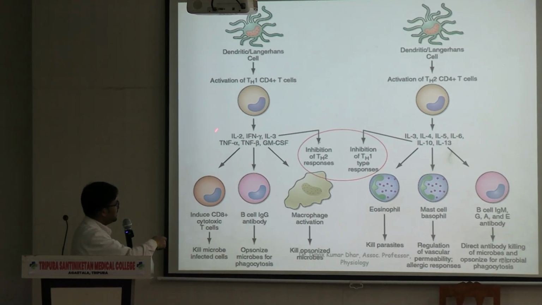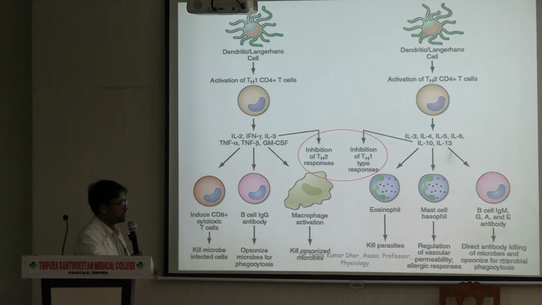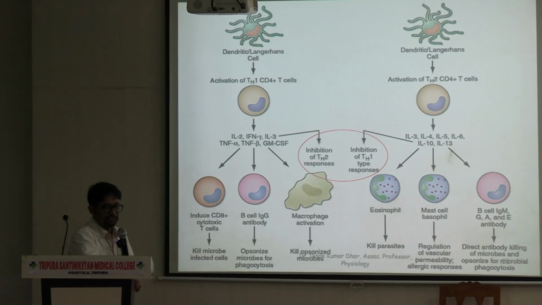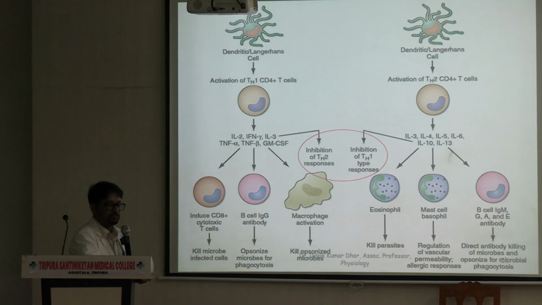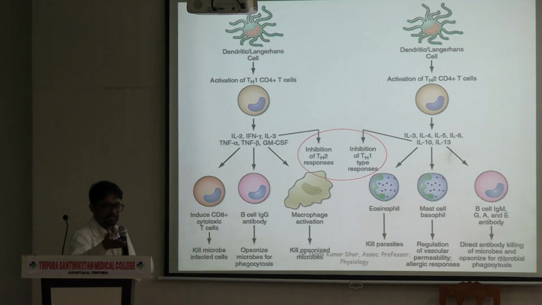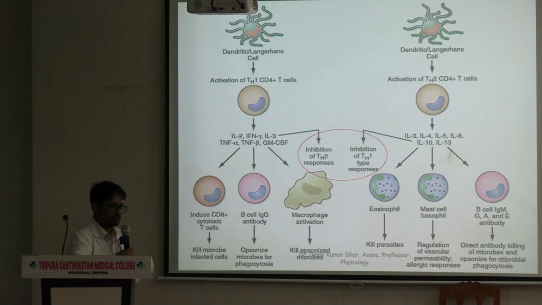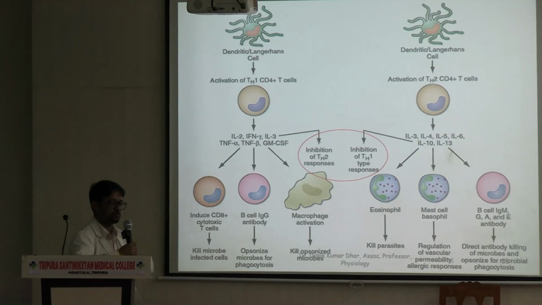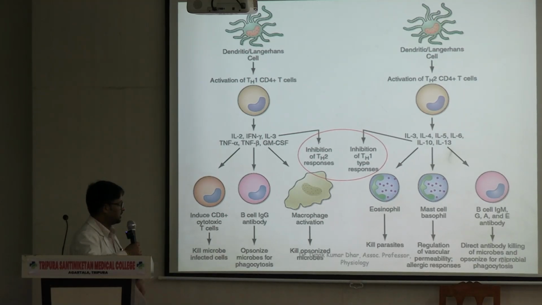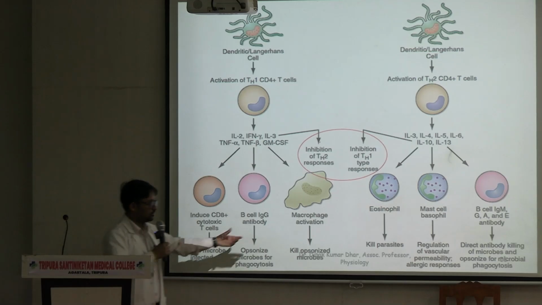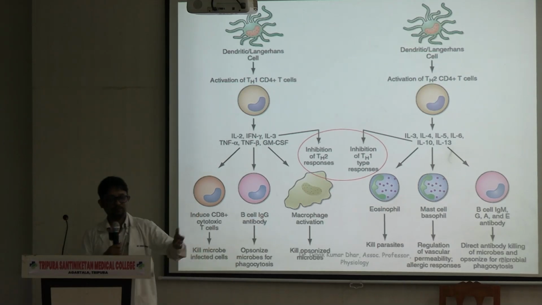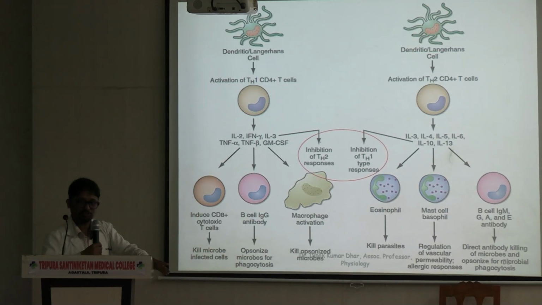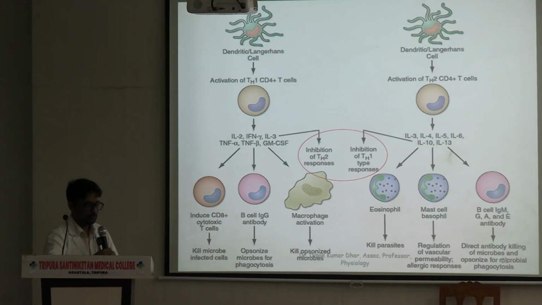So when this environment is there, the helper cell will differentiate in line of TH1 and it will further enhance the cytotoxic response. How? Directly it will enhance the cytotoxic T lymphocyte response, it will activate the macrophage, and it will enhance the process of opsonization for the process of phagocytosis.